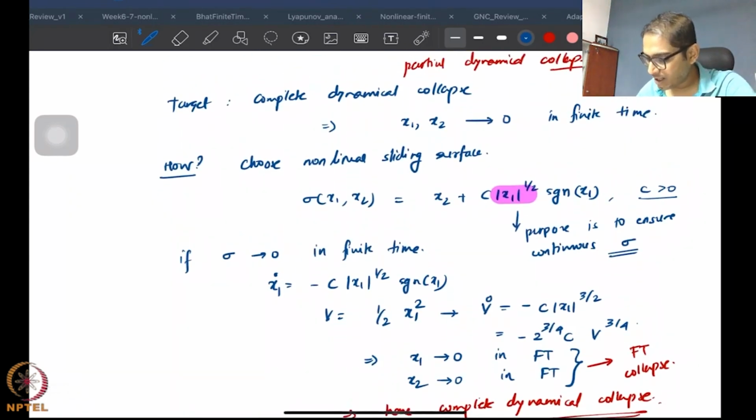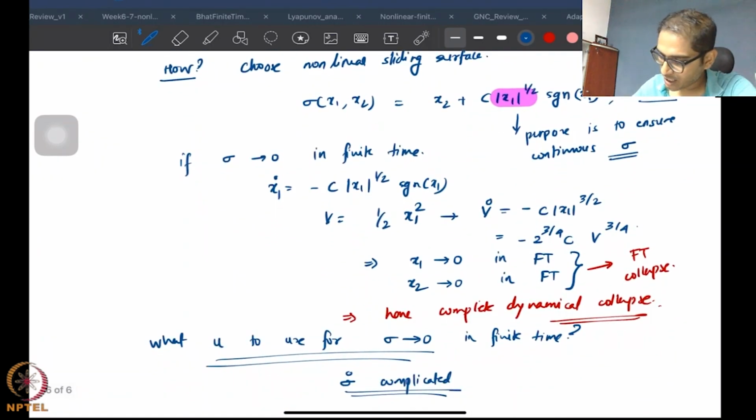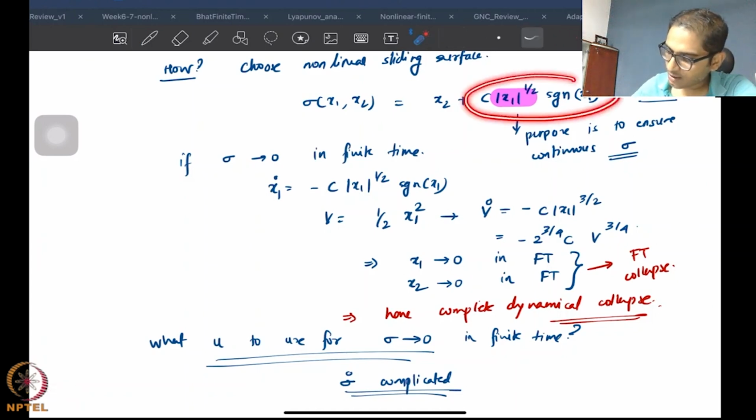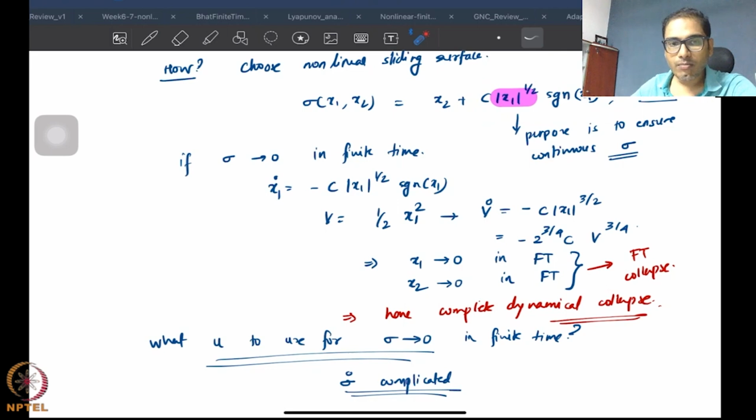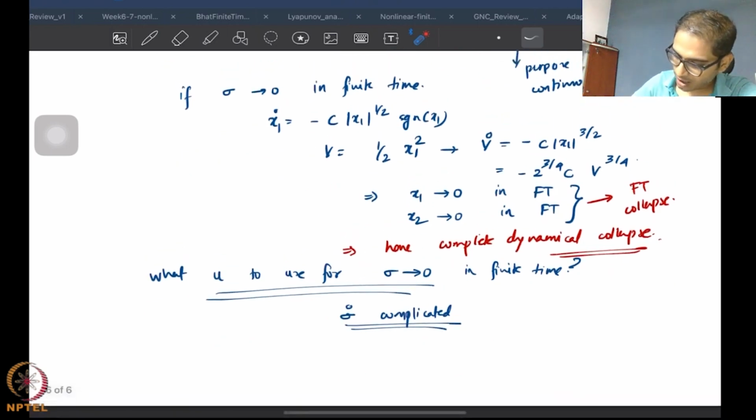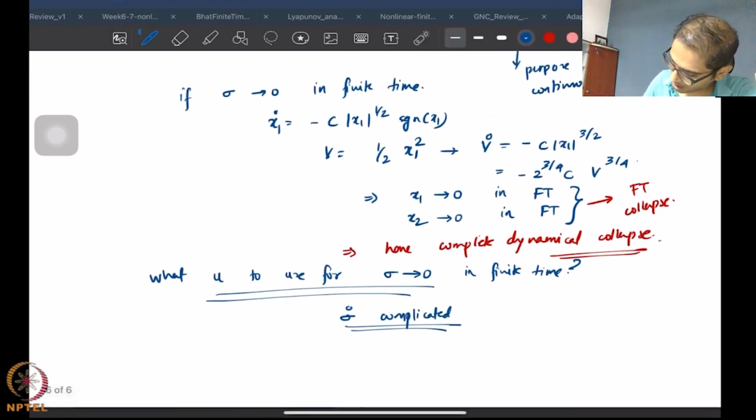However, it is well understood that u equal to, again, minus rho signum sigma works for large sigma.